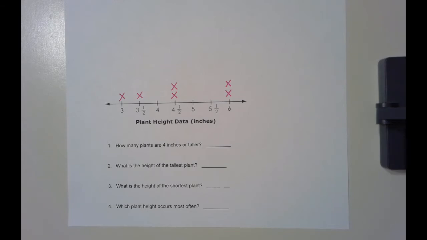So go ahead and pause, and then I will share the correct answers with you. Okay, if you have not actually paused the video, please do so because you're going to need more time to work. And I am going to now review the answers that you should have gotten.